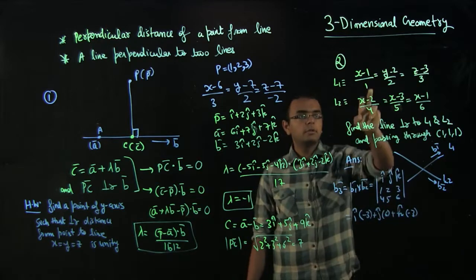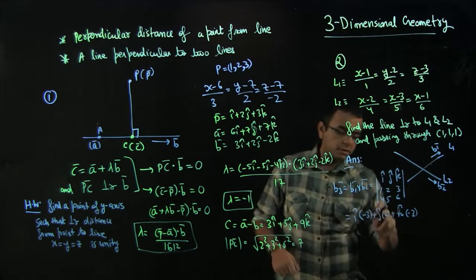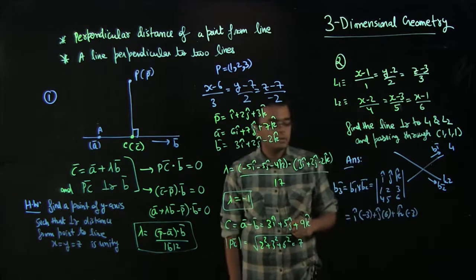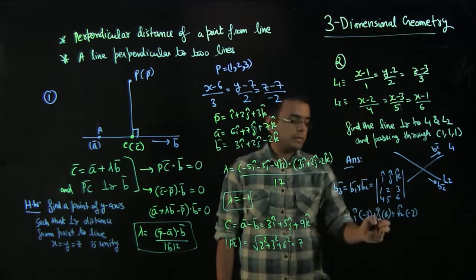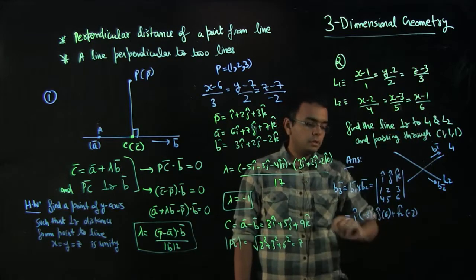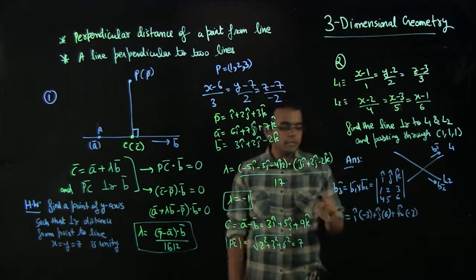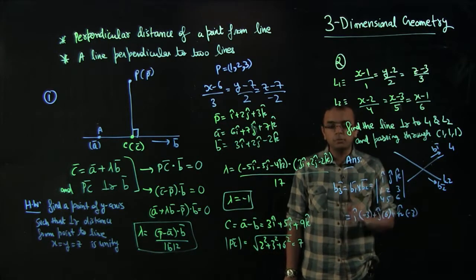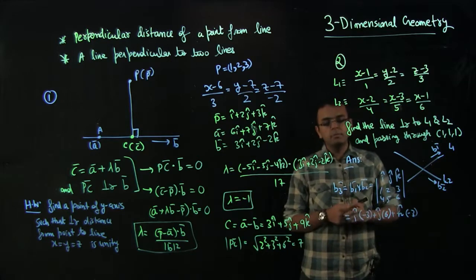If you take the dot product, you should remember the condition of perpendicularity is that the dot product is 0. So, minus 3 plus 12 minus 9, basically dotted with B1, is 0. If you dot with B2, it is minus 12 plus 30 minus 18, so 30 minus 30 is 0. So, it is perpendicular to both B1 and B2, and you already have a point.